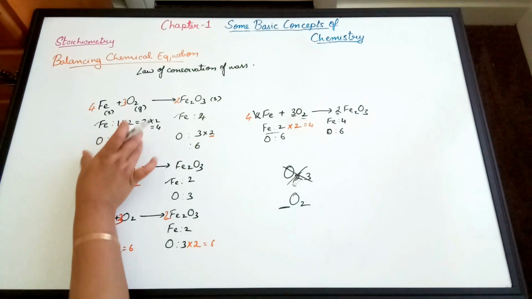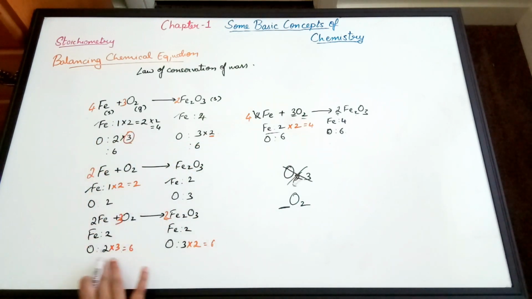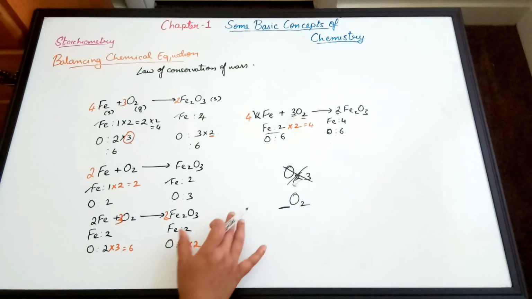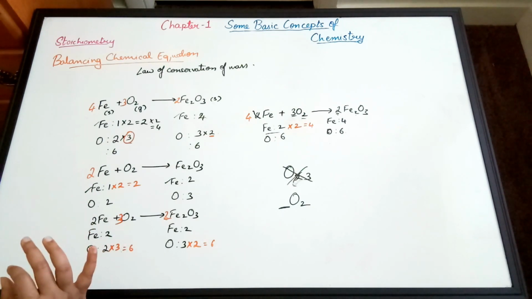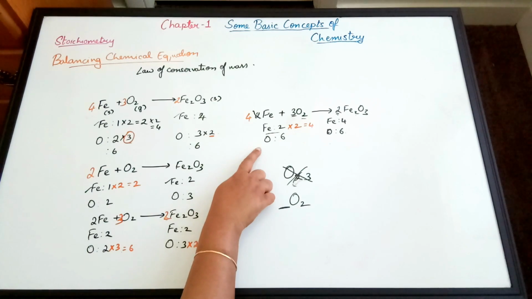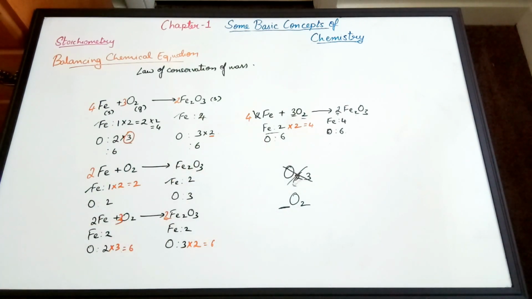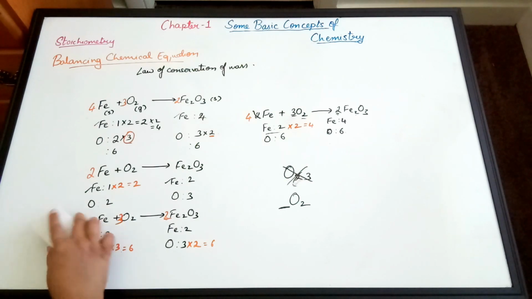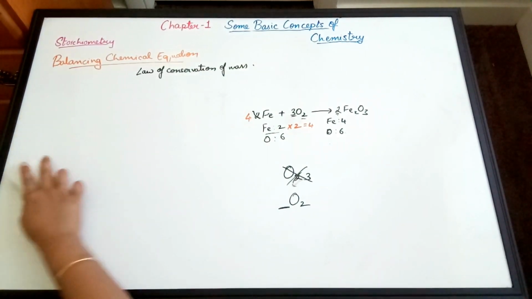You just put down the elements and then balance them out, and it might look a little long, but it basically makes it easier for us to figure out the balanced equation. Now here it follows the law of conservation of mass, because the mass of the reactants will be equal to the mass of the products.